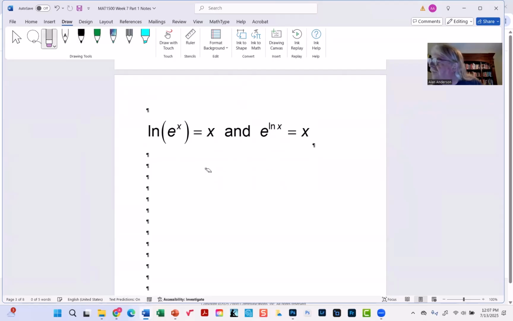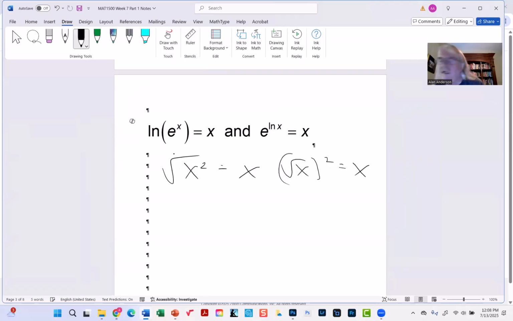So anyway, log e to the x equals x, because remember they're inverse functions, so what they're effectively doing is canceling each other out. So it's no different than taking the square root of x squared. It's the exact same principle.